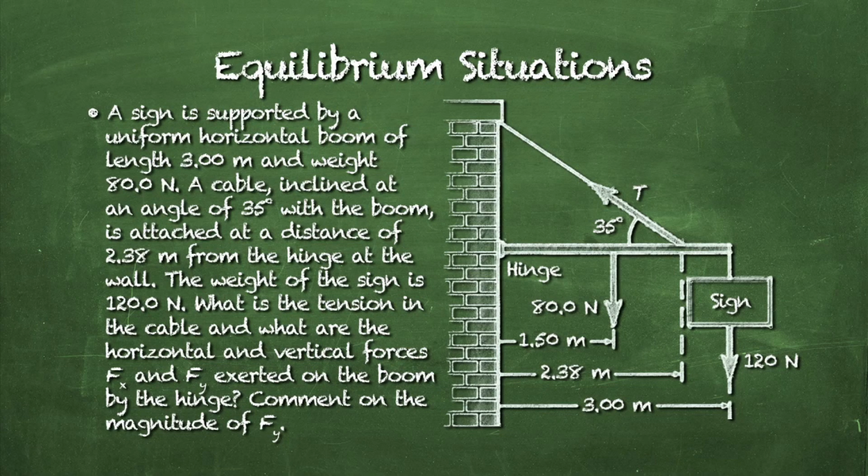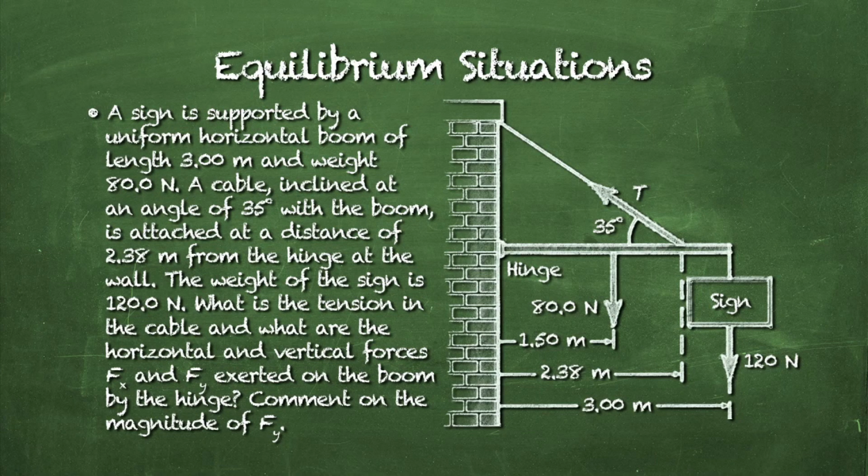You can see the situation in the diagram. You're given the angles and the distances. This is very similar to the example that we just worked with the climber. We've only added an additional force, which is the weight of the sign hanging from the end. That's just going to apply another force onto the boom.